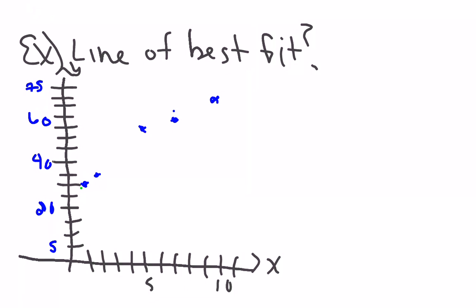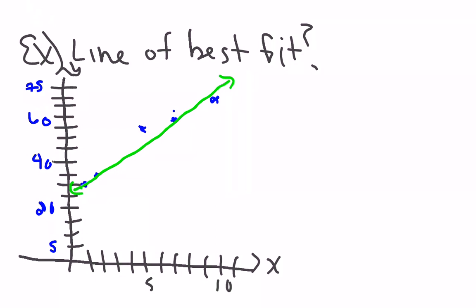Let's say maybe like this. And the trick is we want to, again, try to make as many on the line as possible. Or kind of have it in between where half are above, half are below. So we do have some of the points that were on the line that we want to point out.